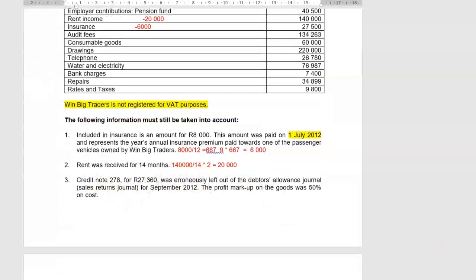So without me telling you so, you could have gathered enough information out of the question to know exactly what we are talking about. Because we are talking about the perpetual inventory system, it means that I have to adjust my inventory record with the cost price of the goods returned. So they give us my markup percentage was 50% on cost. So 27,360 times 100 divided by 150 gives us 18,240. What is our accounting entry?